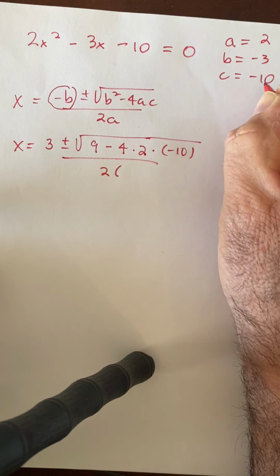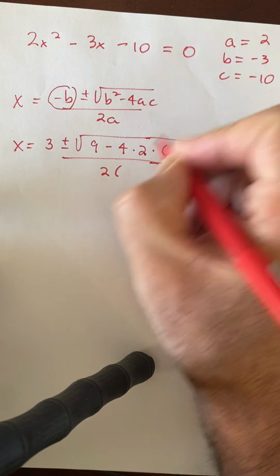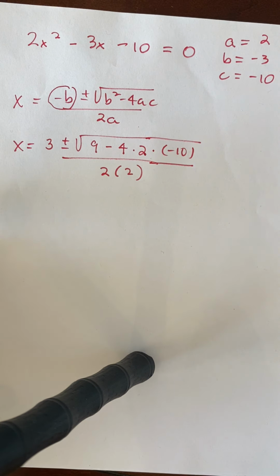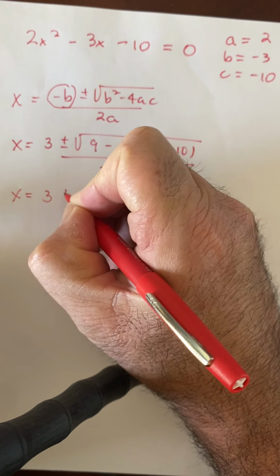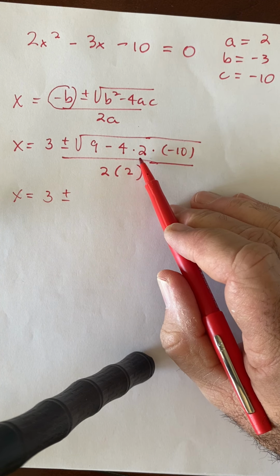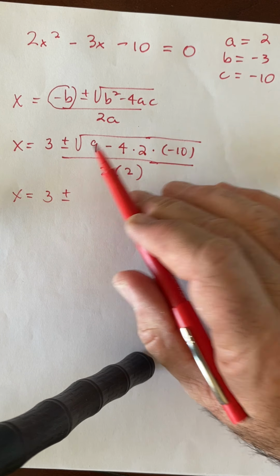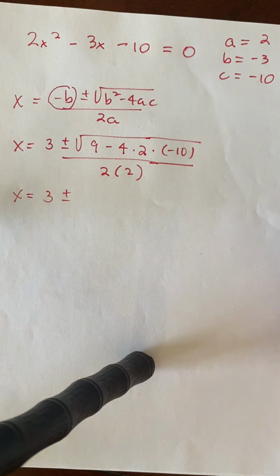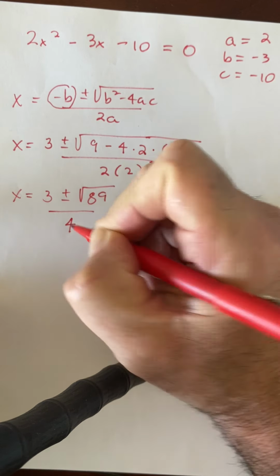I always put in negative numbers with parentheses. And it's all over 2a. Okay, so here, 3 plus or minus, negative 4 times 2 is negative 8. Negative 8 times negative 10 is 80. 9 plus 80, because it's now positive, is 89, over 4.